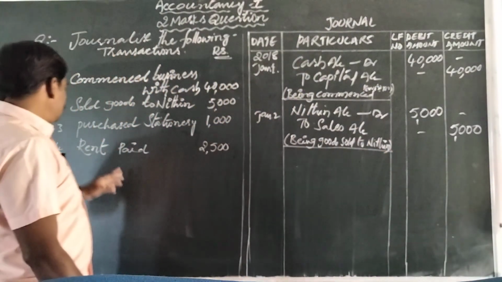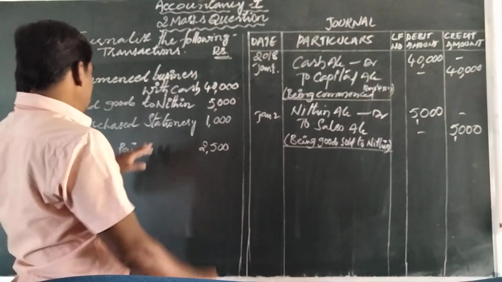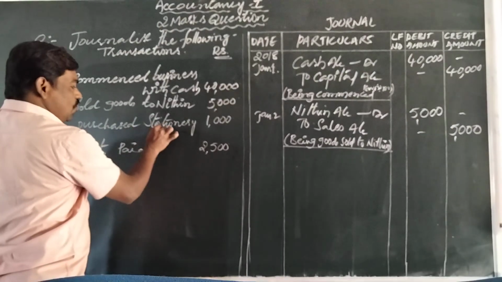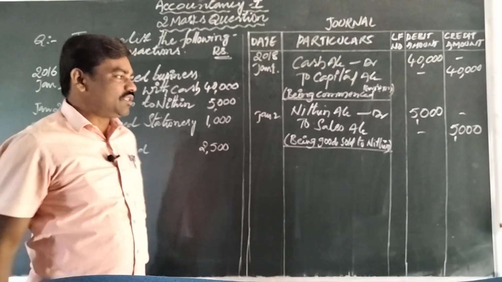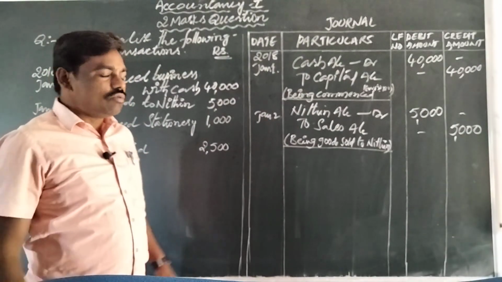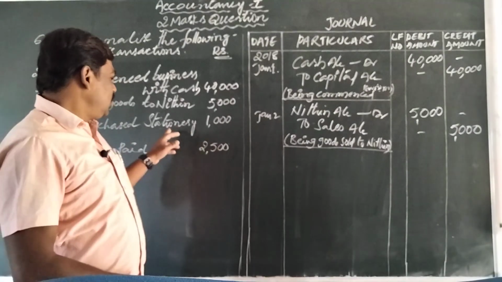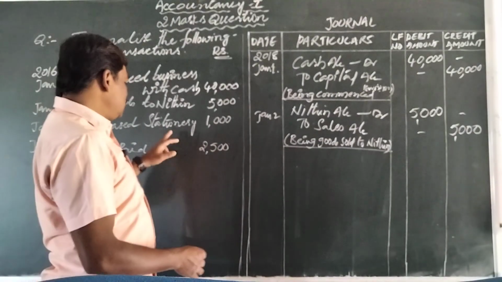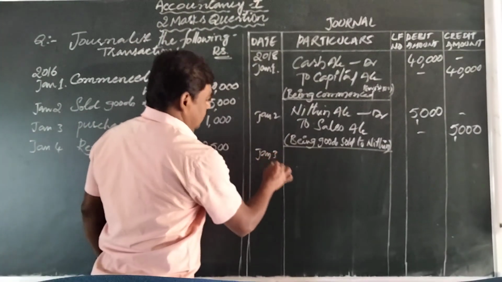After that, come to the third entry. Purchase stationery for rupees 1,000. Stationery is always an expenditure. As per the nominal account principle, expenses should be debited, income should be credited. Here it is an expenditure that should be debited. Which account? Stationery account, January 3rd.